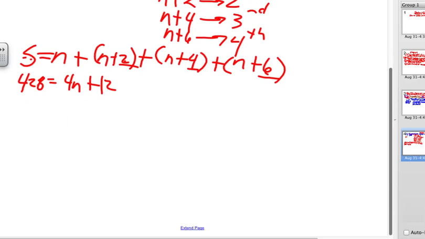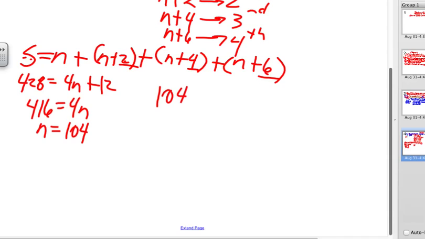And now I solve for n, which will be my first integer. Subtract my 12, get 416 equals 4n. Divide by 4, n is going to be 104, which will make my 4 integers 104, 106, 108, 110.